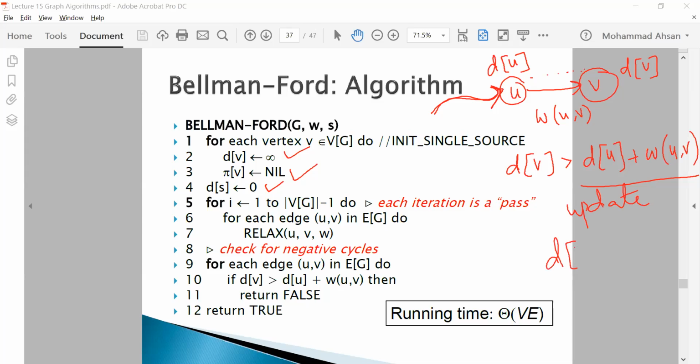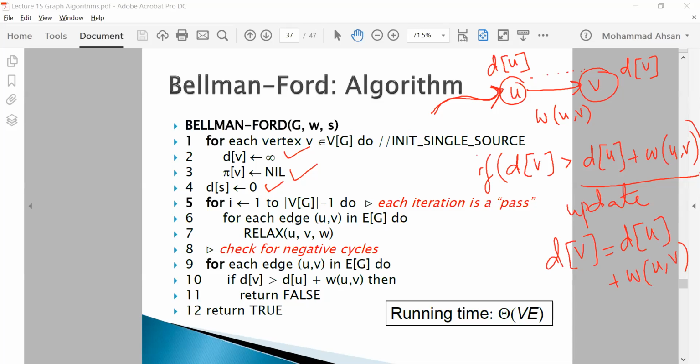Because that means I have found something which has a smaller weight or smaller cost. If the existing one is greater than this new path which I have reached, then I will update. This is basically what your relax function does.